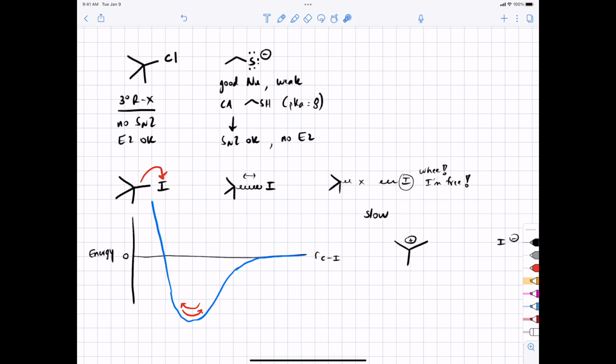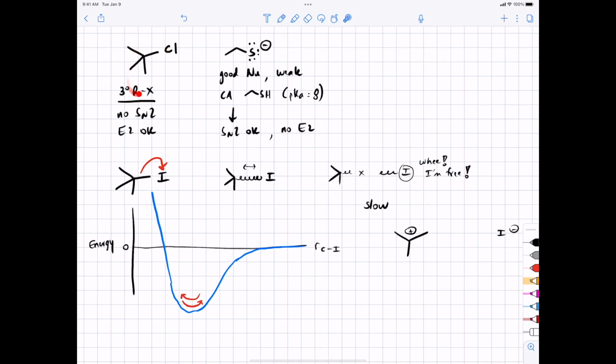So if I had this alkyl halide as my starting material, I guess we've chosen iodide, so I'll make that change here. If I can't do SN2 because I'm in a tertiary alkyl halide, and if I can't do E2 because I don't have a strong base, then what am I left with?